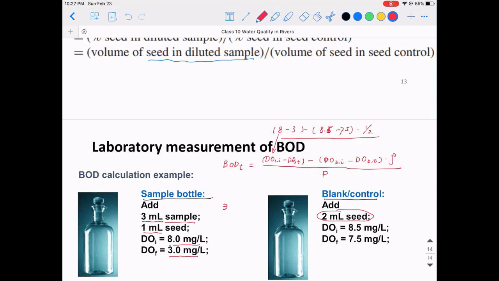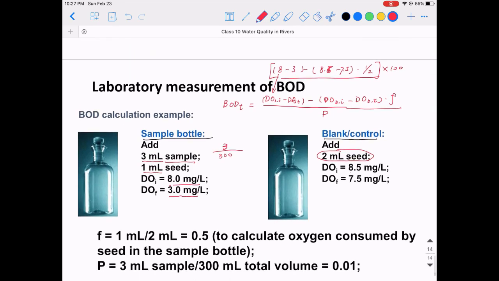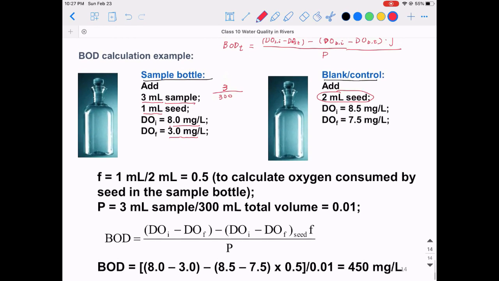The dilution ratio is defined as the volume of the sample, or the undiluted sample, divided by the volume of the diluted sample, right? So that's going to be 3 divided by 300. So basically, this whole thing has to multiply by 100, okay? So we can remove this term here, right?